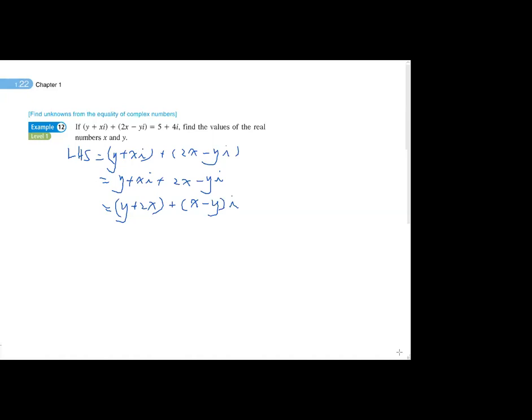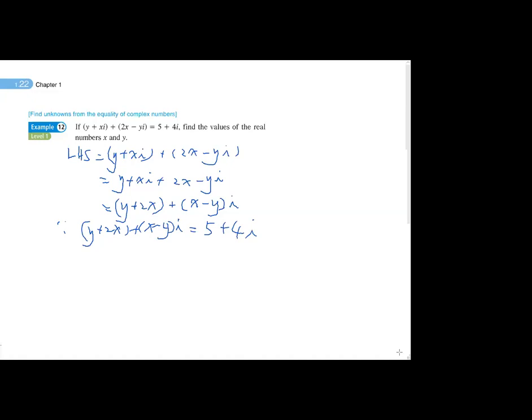Because y plus 2x, plus x minus y times i, is equal to 5 plus 4i, then it is the equality of two complex numbers. The left hand side is a complex number, the right hand side is another complex number, and the question tells you that they are equal.